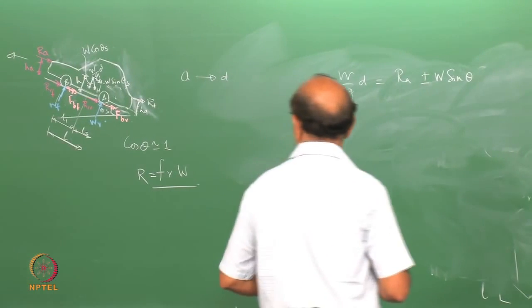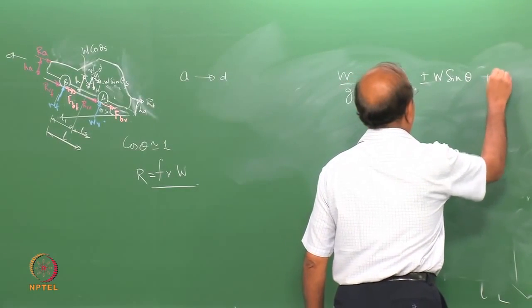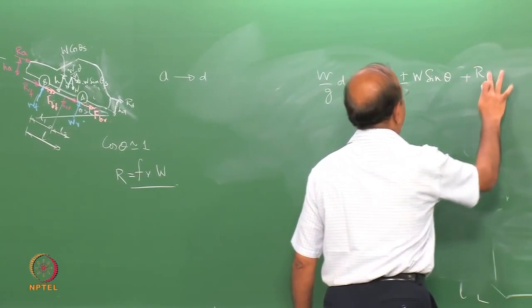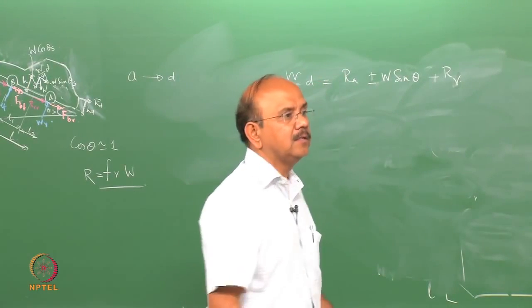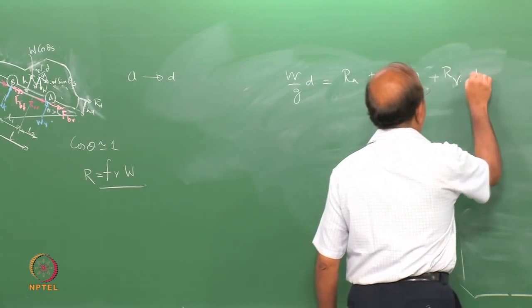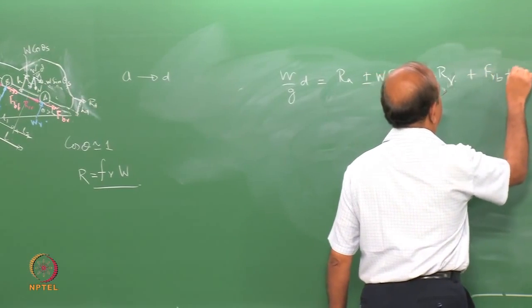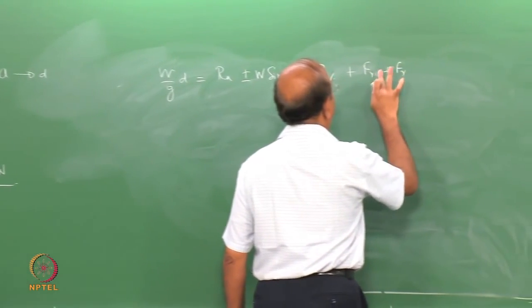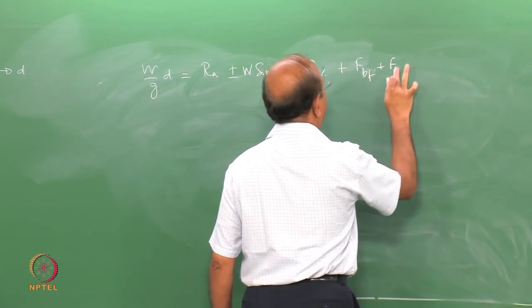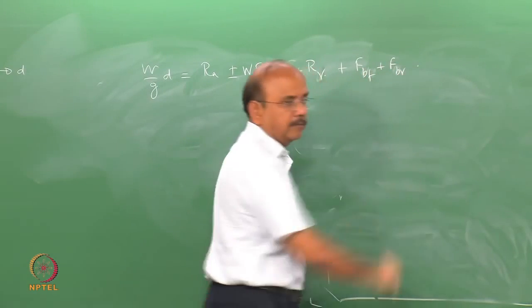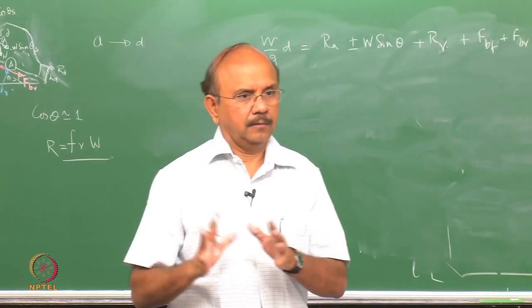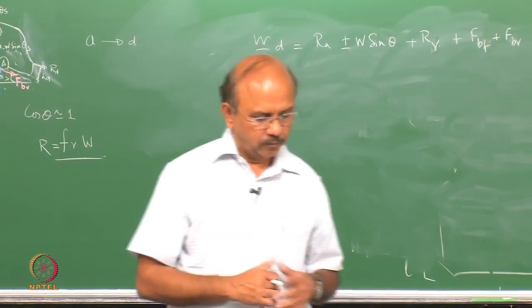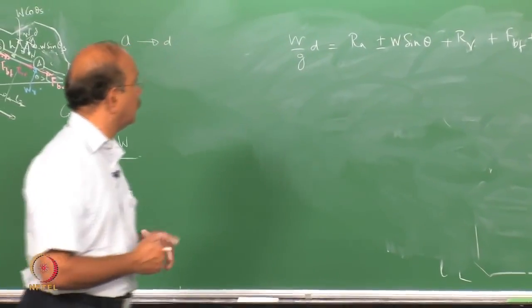The rolling resistance force is now opposing the motion, and of course I have the braking force at the front plus the braking force at the rear. I am neglecting the drawbar pull because I didn't want to add more onto this.